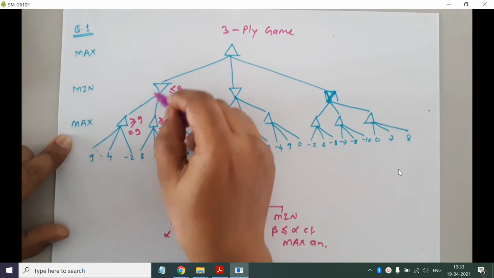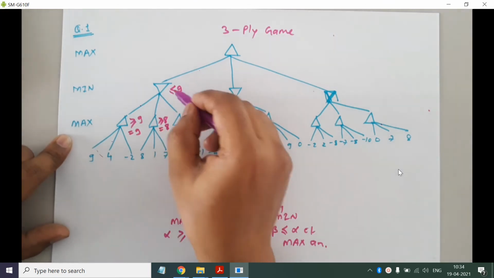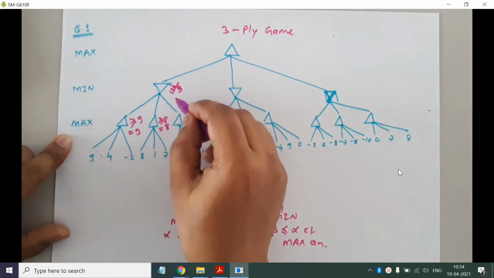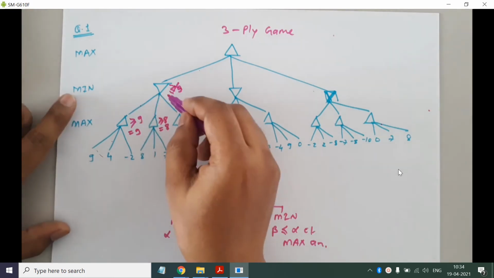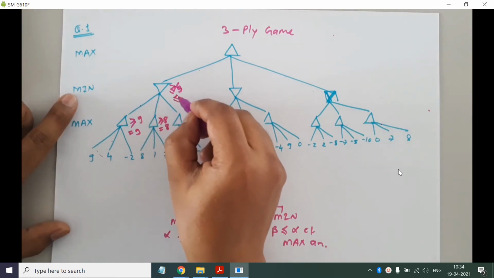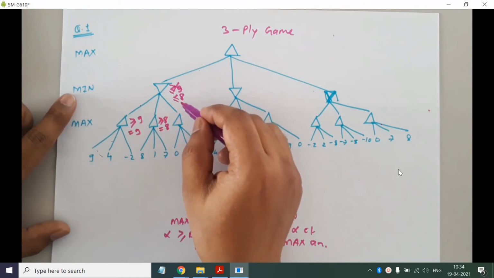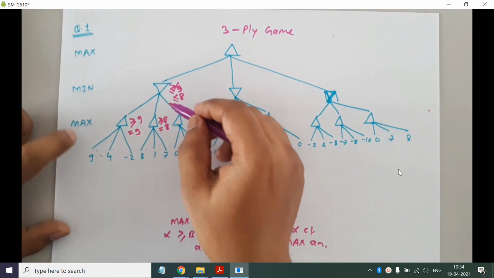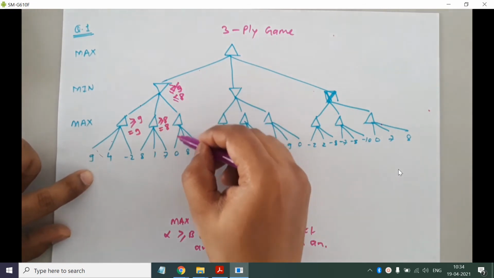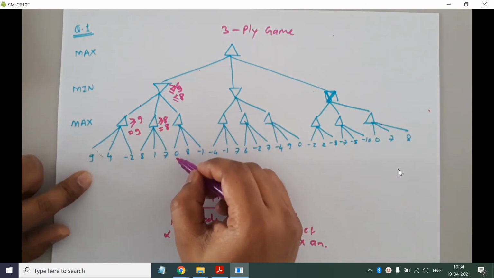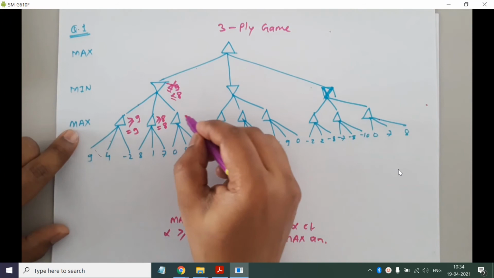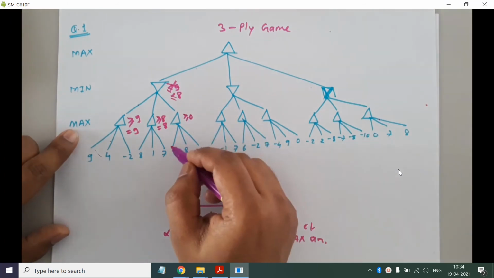So now we'll move to the higher side. Now we have obtained a lesser value than that. So update the beta value of min, so it is now expecting a value lesser than 8, less than or equal to 8. Then we'll come here, and here we have 0. This is our max node, so he will want a value higher than 0.